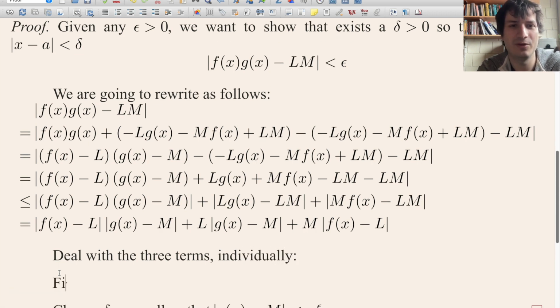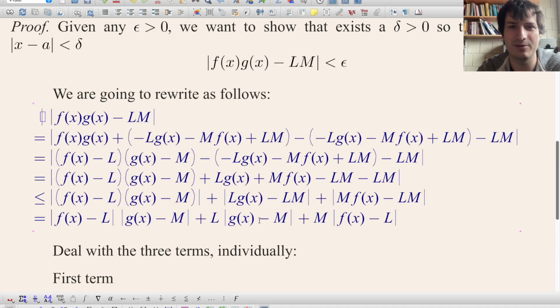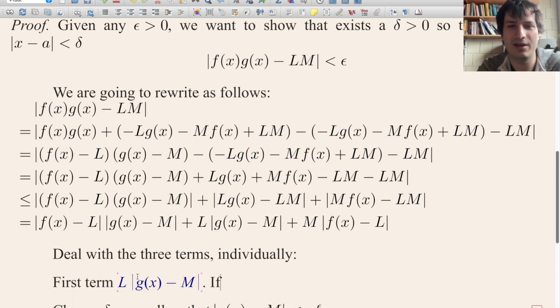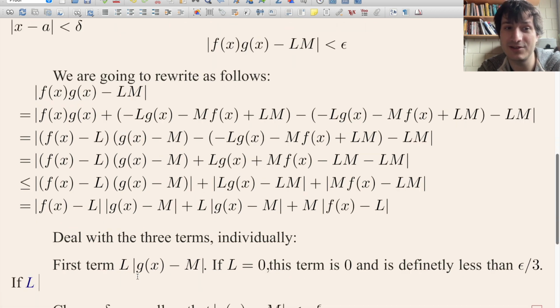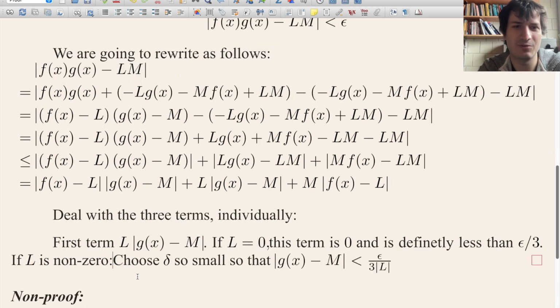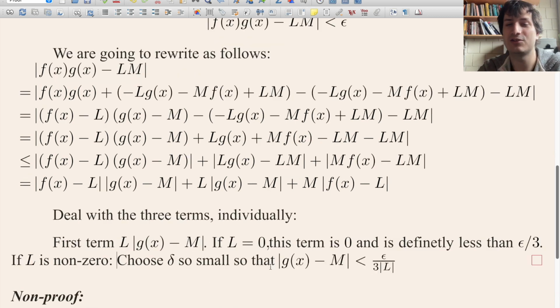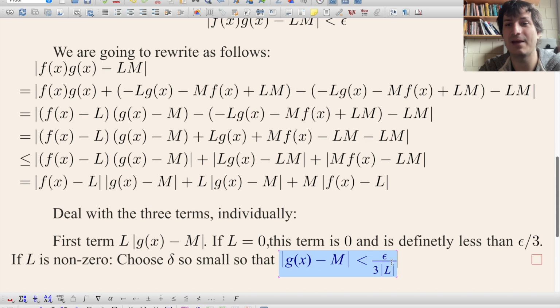And the first term that I'm going to deal with is this term, L times this. If L equals 0, this term is 0 and is definitely less than epsilon by 3. If L is non-zero, then we're going to choose delta so small so that absolute value of g of x minus m is less than epsilon over 3L.